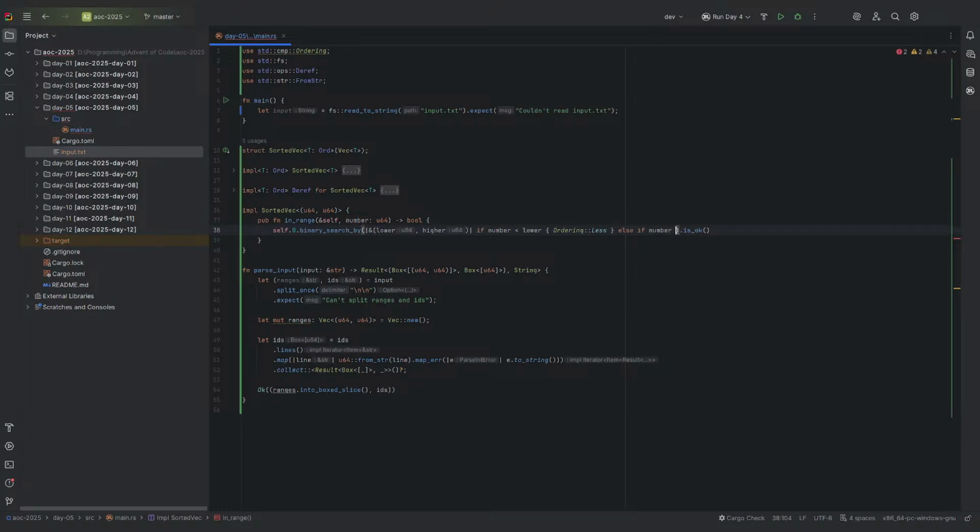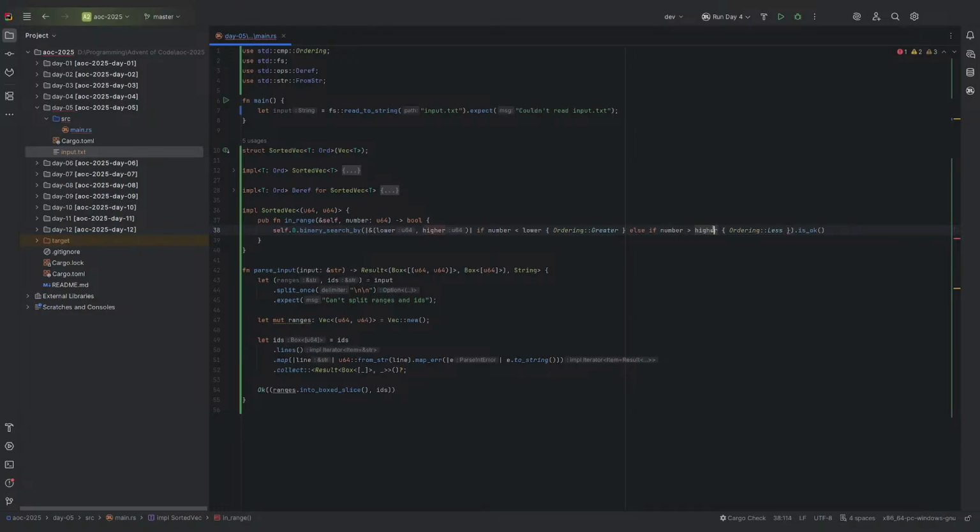Nice. Number is greater than the higher bound, then it's... am I doing this correctly? I'm swapping these. I did this wrong.